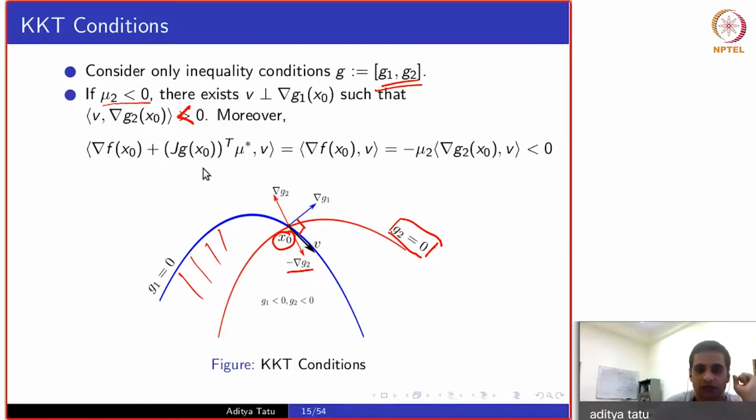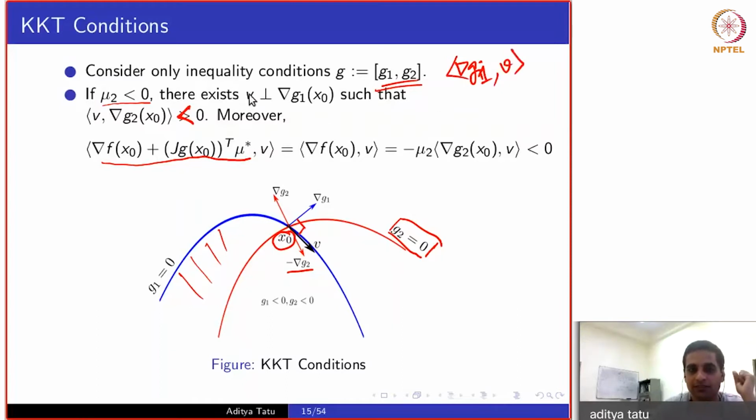Right? So with this, what happens if I take the dot product of gradient g1 with this vector v? What would that be?